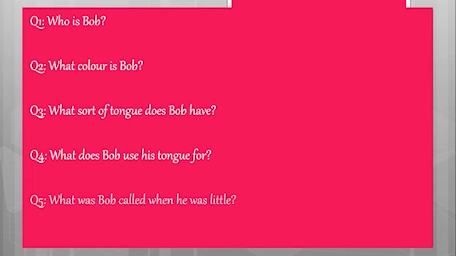Now we'll do question answers. So we have 5 questions. I hope the story is clear to you, and now you can easily write these answers. Question number 1 is, who is Bob?